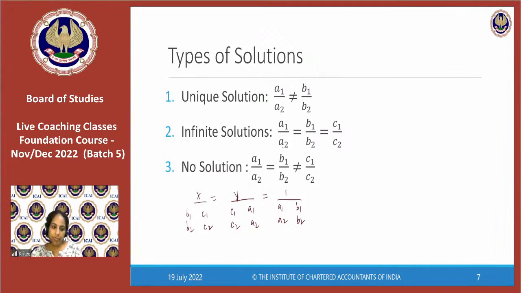So very quickly, you have studied this. This is what we are doing in cross multiplication. X had B1, B2, C1, C2. Y had C1, C2, A1, A2, and 1 had A1, A2, and B1, B2. Now, even without solving, sometimes we can identify what kind of solution we are going to get.